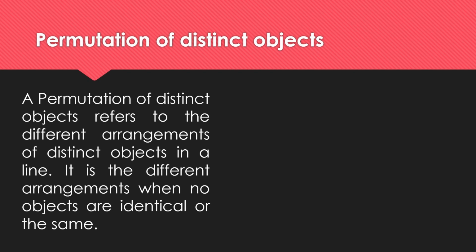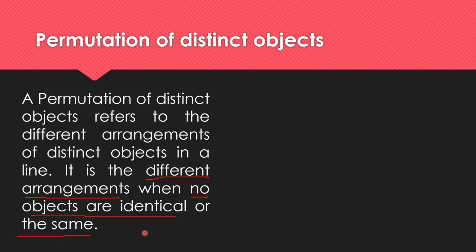When we say different arrangements, it means that no objects are identical or the same. So when we arrange objects, each object must have no duplicate among those you are arranging. That falls under permutation of distinct objects.